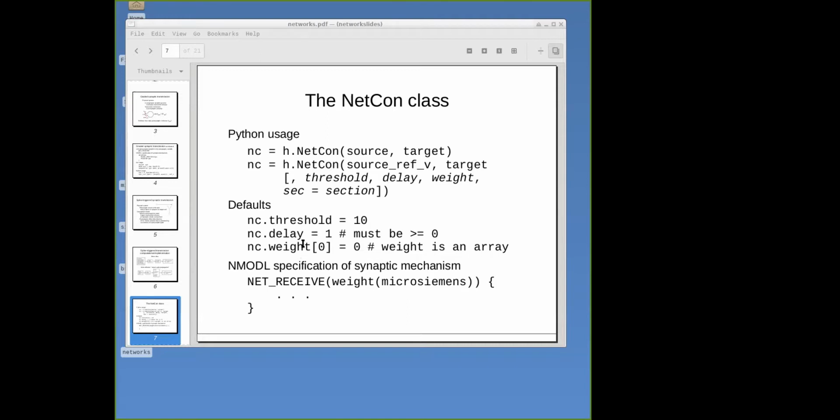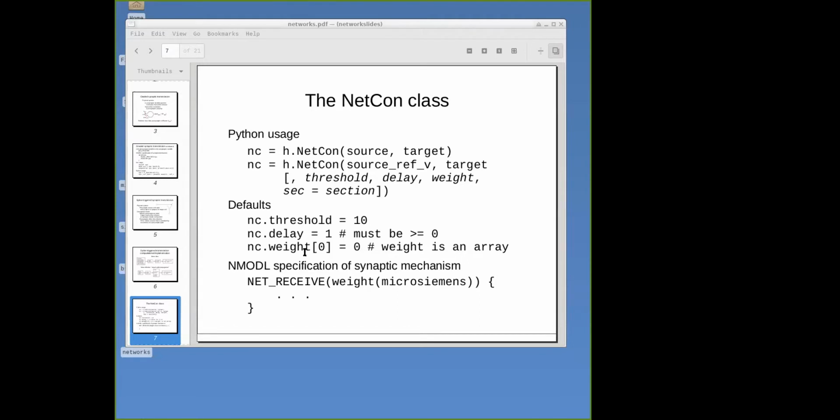Well, the weight is actually an array, and its first element is what classically people that do computational neuroscience have referred to as the weight of a synapse. And that weight is something that specifies how much of an impact a synaptic input has on the postsynaptic cell, okay?